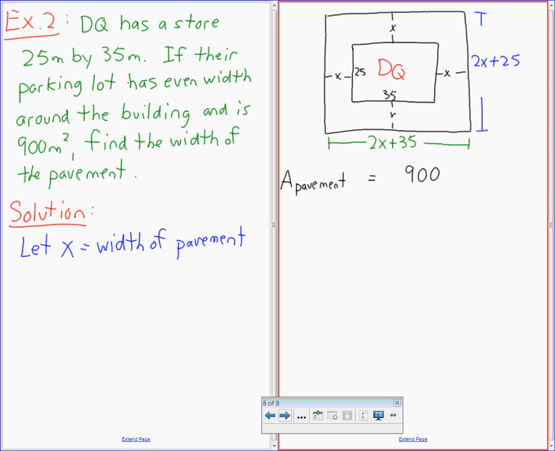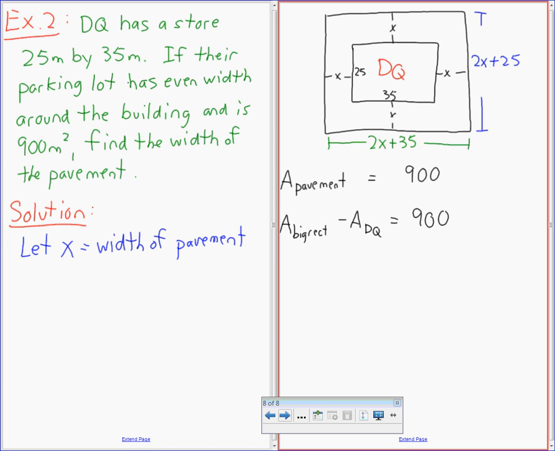So the area of the pavement is going to be the area of the big rectangle minus the area of DQ equals 900. So it's like you take a little punch and destroy that little DQ symbol in the middle.